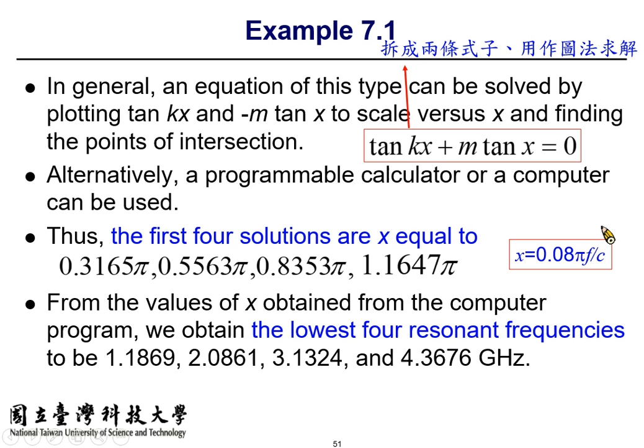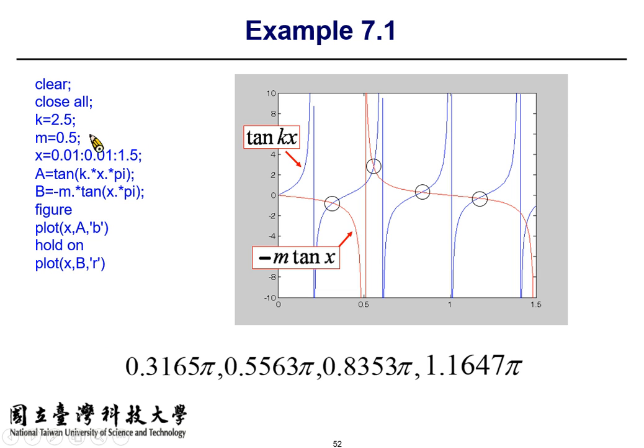Okay, so you can write down the equation like this. This program is written by myself, so the actual equation is over here. If you wish, you can use MATLAB to type this code to generate this kind of plot.